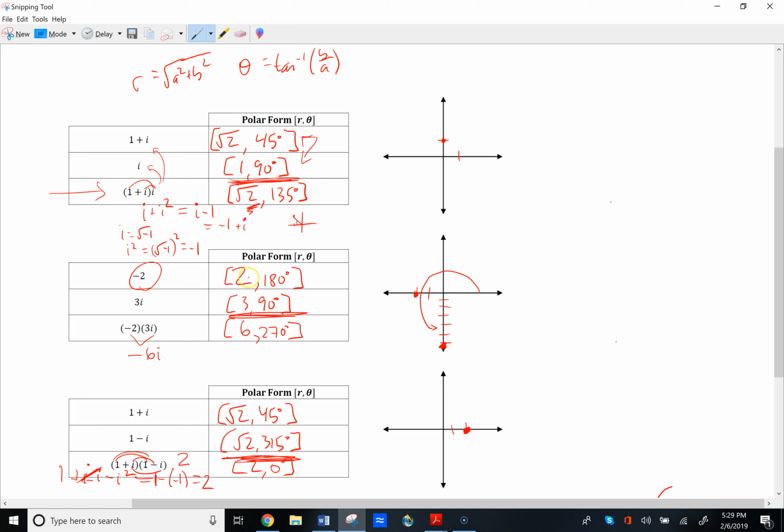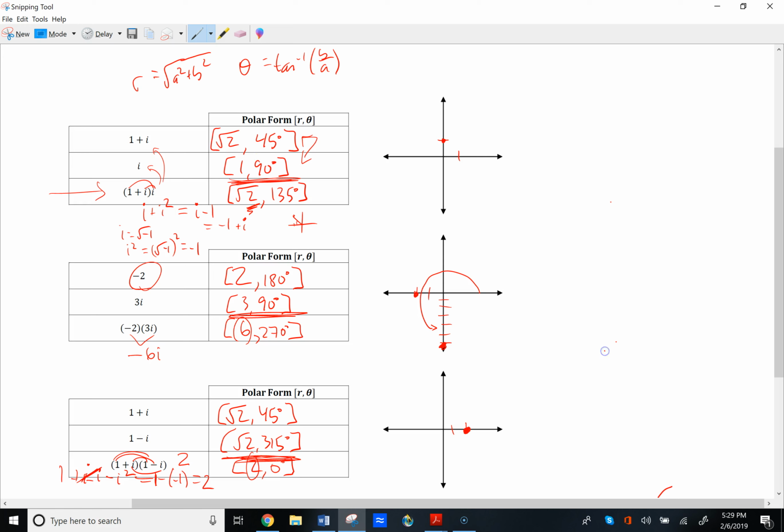For the second example, if I multiply 2 times 3, we get 6. If I multiply root 2 times root 2 in this third example, we get 2. So this pattern we're recognizing, hopefully, is that when you multiply two complex numbers, all you have to do to find the R is multiply the R values of the two numbers.